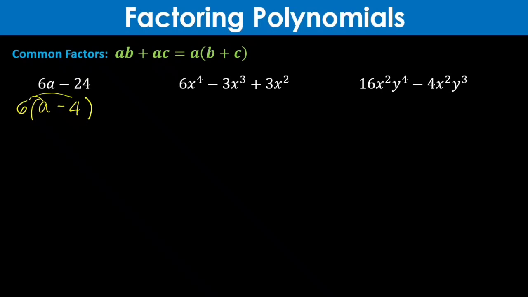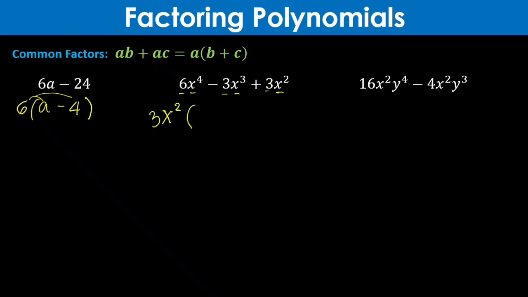Now let's go to this one. The common factor is 3 for 6 and 3, so you can factor out the 3. And the common factor of the x terms is x squared, the smallest exponent. So we factor out 3x squared.